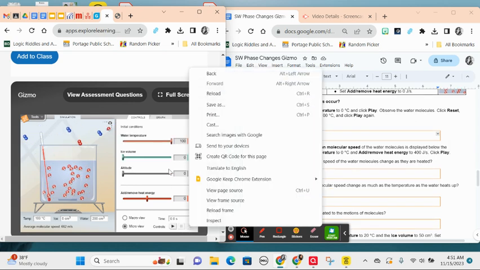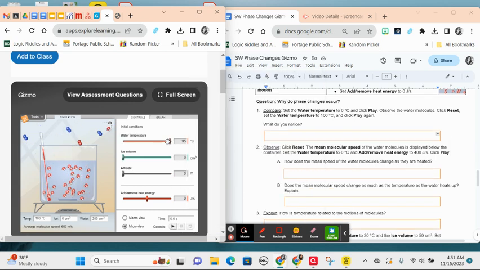So I'll set the water temperature to 0. Again. All right, yeah, they are moving a little bit slower at 0, aren't they? And then when I move it to 100 degrees, oh, there they speed up. They move faster. So molecules are moving faster when we added energy and increased the temperature.